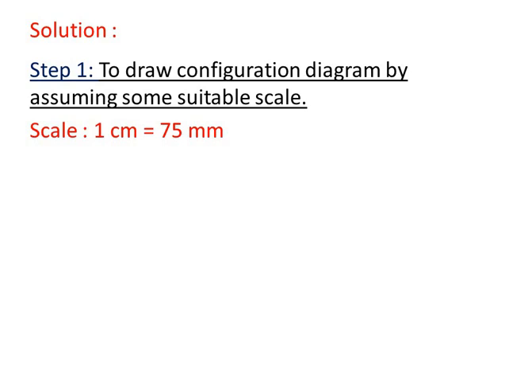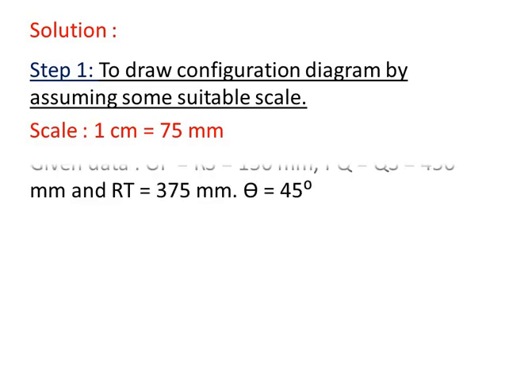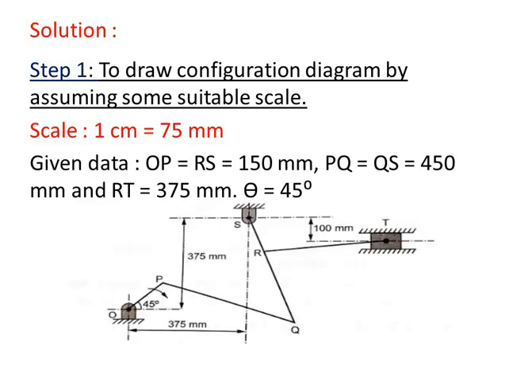So here we have taken 1 centimeter equal to 75 mm. The scale may be different with different one. Now we have to see how to draw the configuration diagram. So these are the given dimensions. With this, first take a point O. From this we have to start the configuration diagram and draw a horizontal line from which draw 375 mm offset.